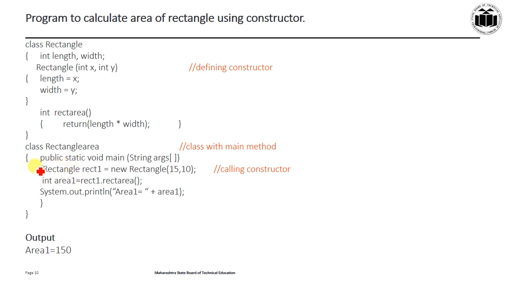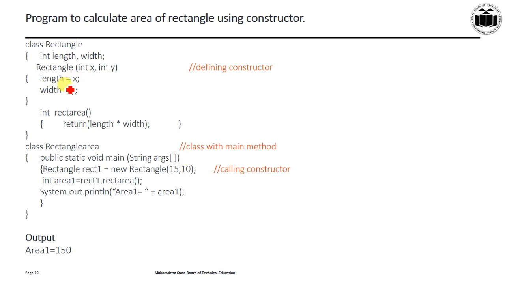Rectangle is the name of the class, rect1 is the name of the object. The new keyword is used to create this object, and Rectangle is the name of the constructor which we have created. As we have two parameters in the constructor, we pass two values when we call it.